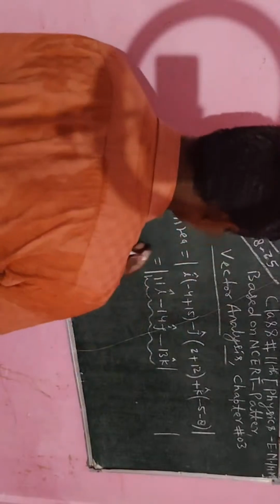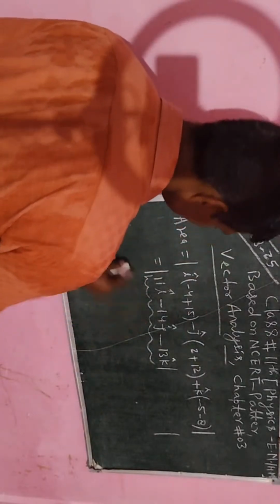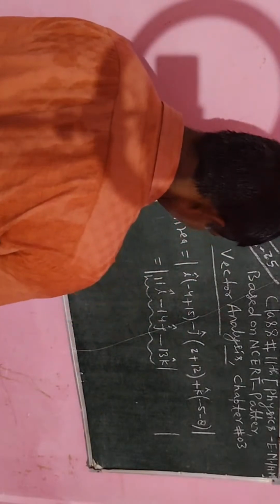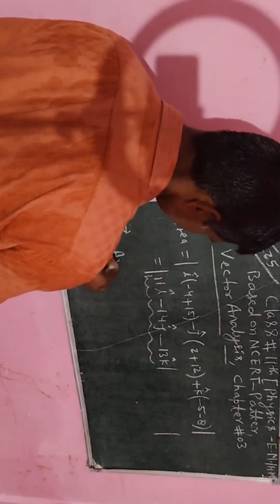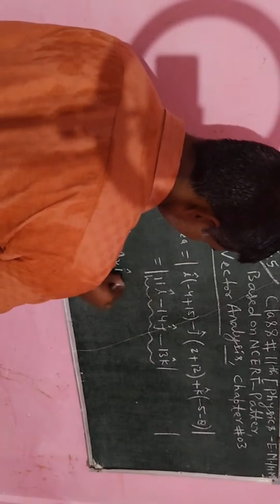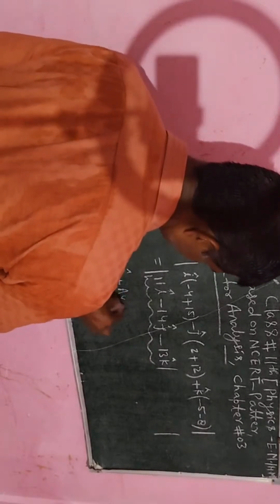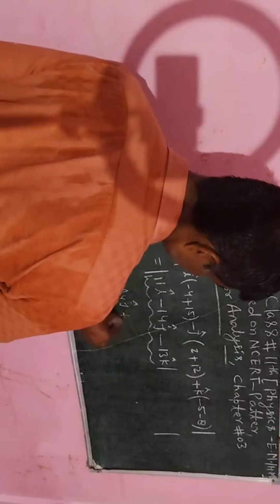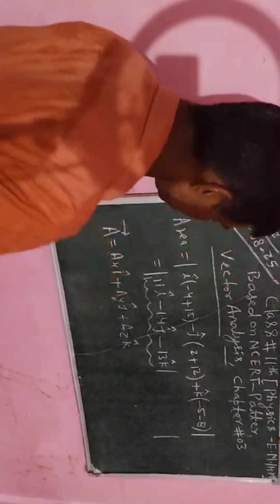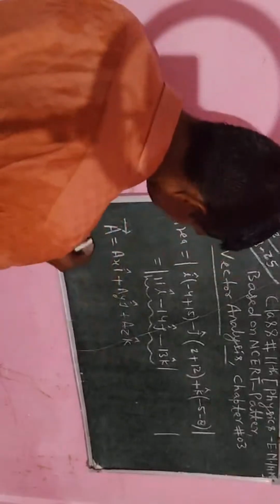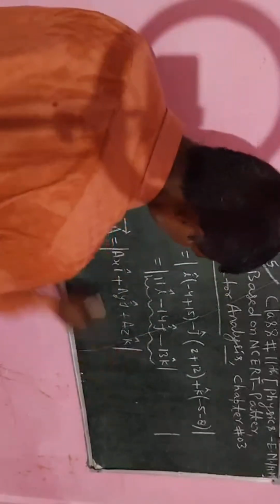Okay. Now we have to take the area, so I have to take its modulus sign. Now one piece of information I am going to explain: if any vector is given in the form ax vector i cap plus ay vector j cap plus az vector k cap, and I have to take its modulus, its value will be like this.